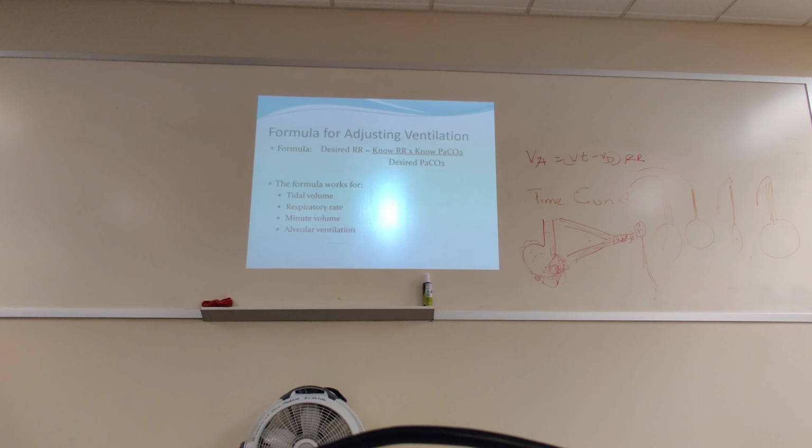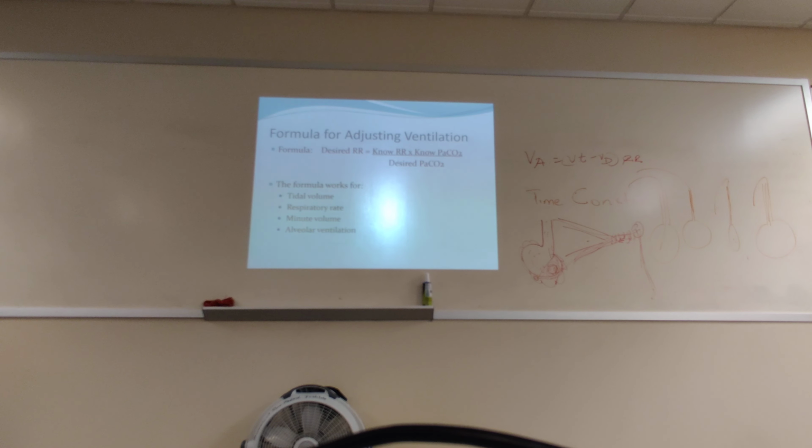Okay, so what it says here is that desired rate, the rate that you need to set it to to blow off the CO2, equals the known rate, which is the current rate, times the known CO2 divided by desired CO2. The formula works for tidal volume because tidal volume affects ventilation.